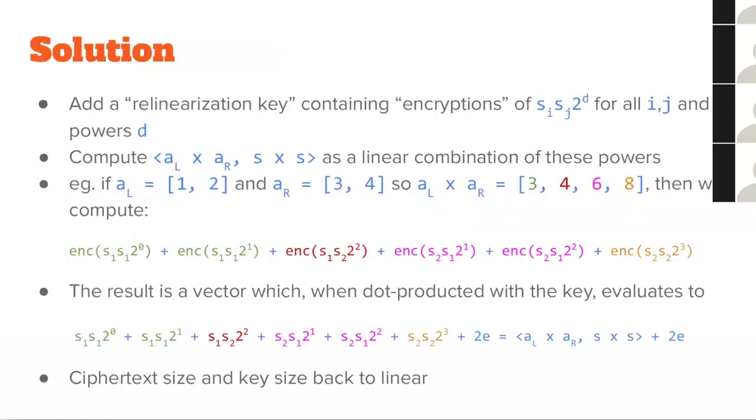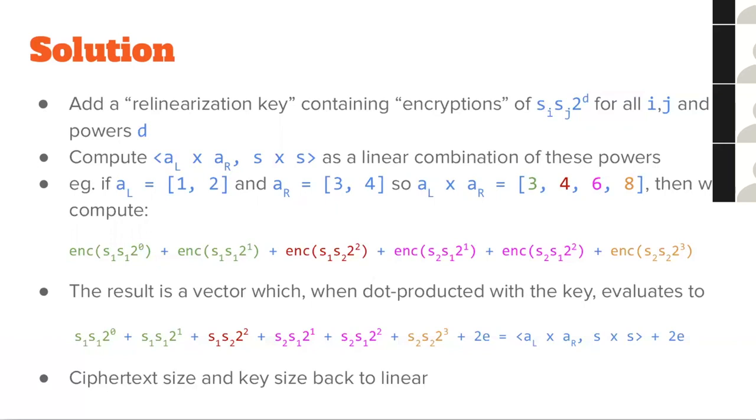To go back to linear, we're going to have a procedure that we call relinearization, right? The procedure for relinearization feels a bit like bootstrapping, because you have encryptions of S under your new key, and then you evaluate things under your new key. It's similar to that, but it's doing something slightly different, right? Relinearization does not solve the error problem.